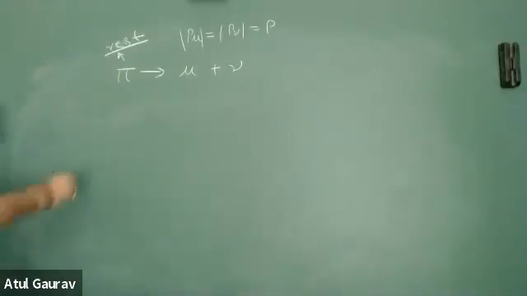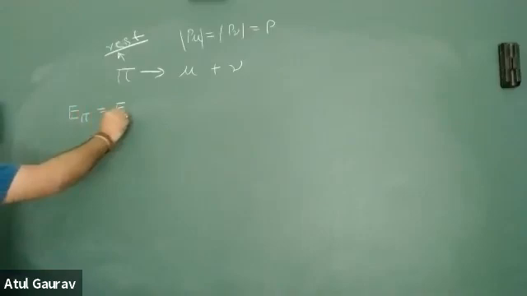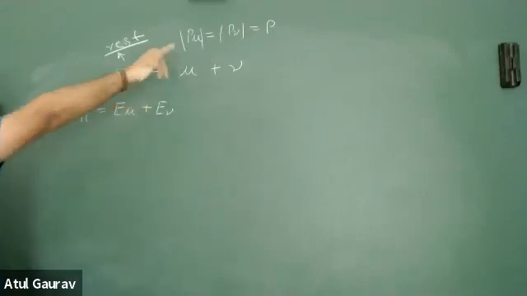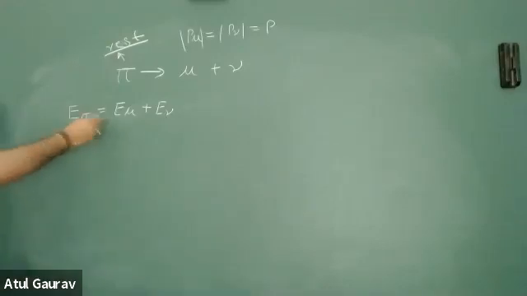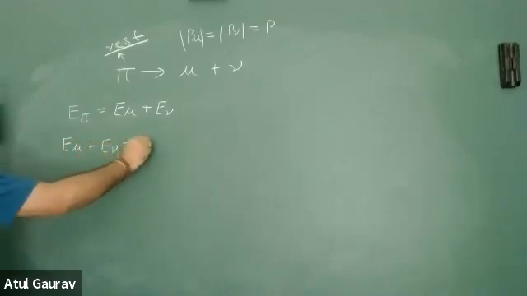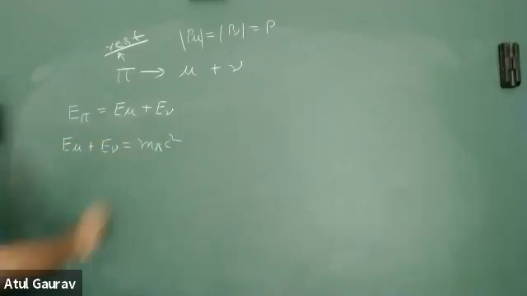So what we have, the first equation is E pi is equal to E mu plus E nu, and we have momentum conservation. So from here we have E mu plus E nu is equal to m pi c square. So this is my first equation.